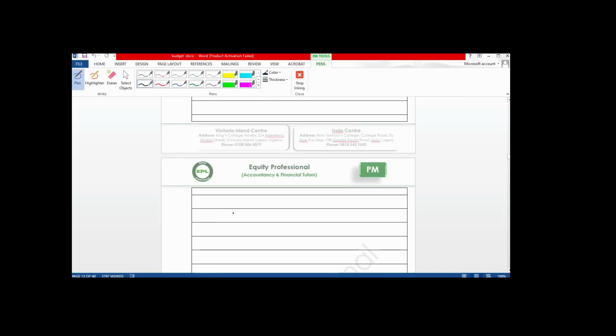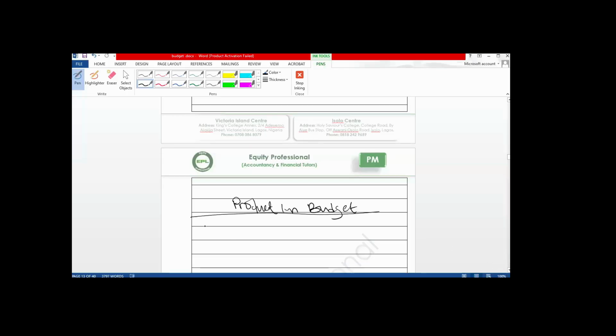If I'm to prepare a production budget, look at the format. You have your months, January, February, March.